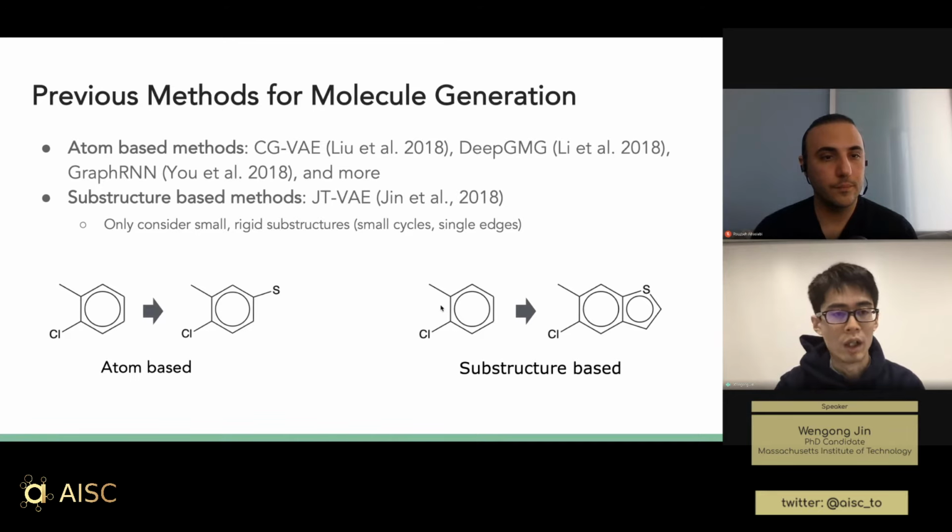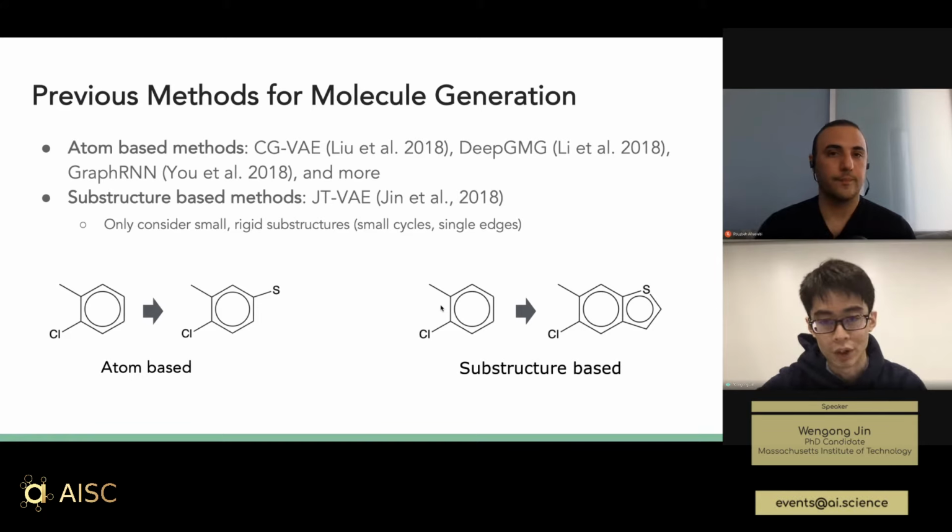We also have substructure-based methods like my previous work on junction tree VAE. In each step, the model will expand the molecule by one substructure. However, back then we only considered small rigid substructures like small cycles or single edges.